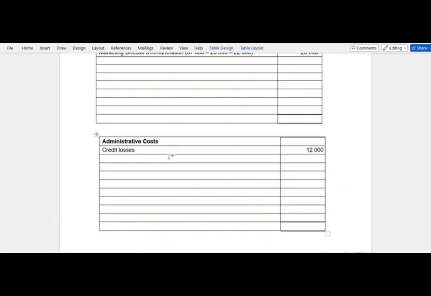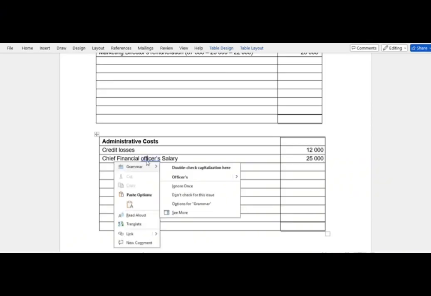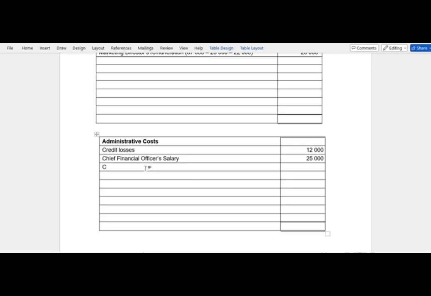Okay, and then now we go to our administrative costs. Under admin costs, we are going to record the salary or remuneration for the chief financial officer of 25,000, and we are also going to record the salary for the chief operational officer, or remuneration, of 22,000.